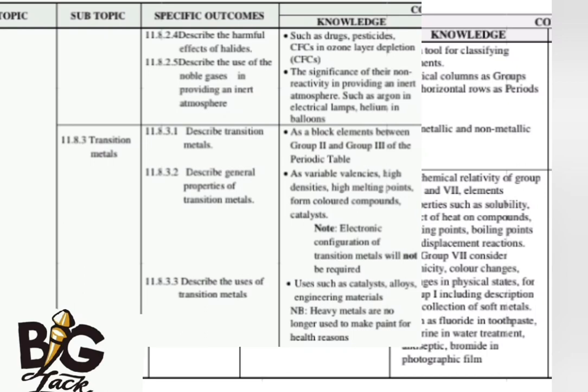Apart from that, they are going to ask you to describe the uses of transition metals. If they ask you to describe the uses of transition metals, you are going to give them as transition metals are used as catalysts. Apart from that, transition metals are used as alloys. They are also used in engineering materials.